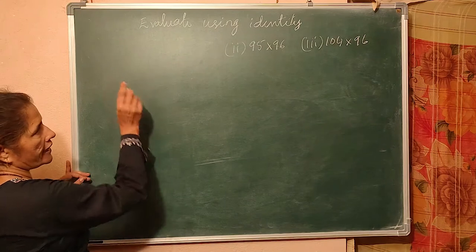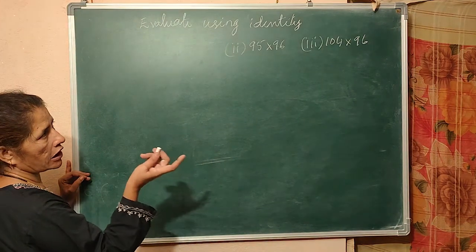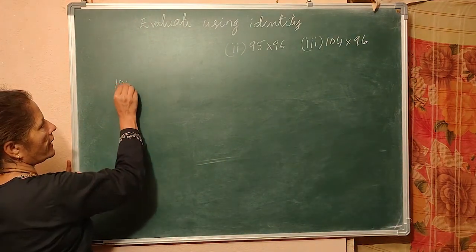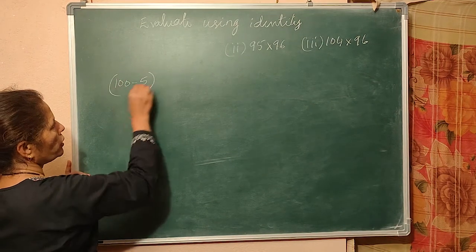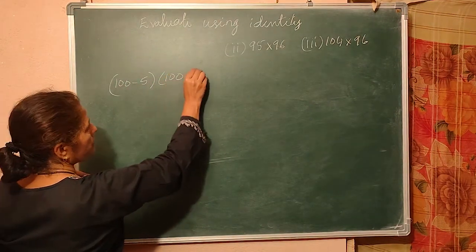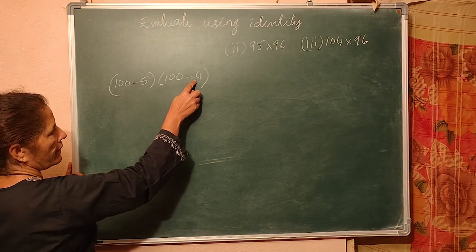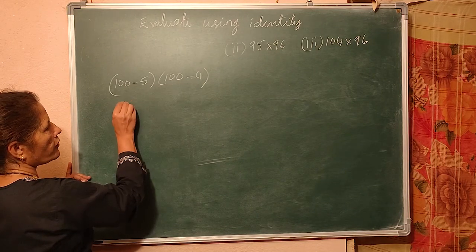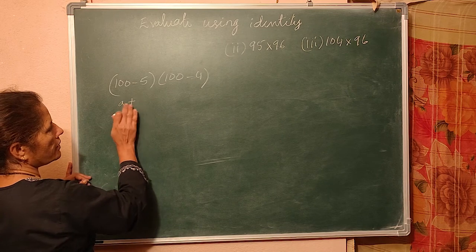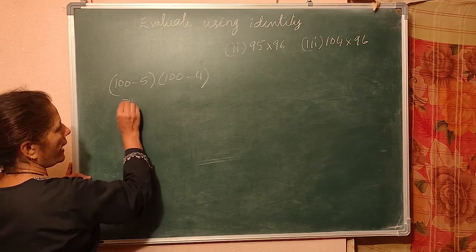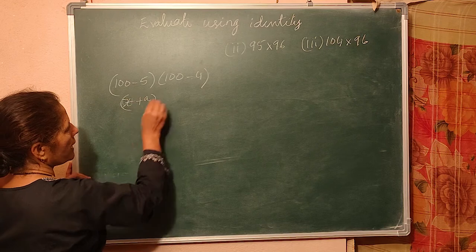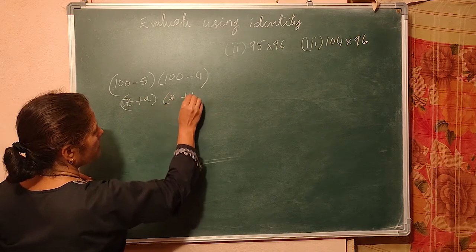The next question given is 95 into 96. So you can write down 90 plus 5 into 90 plus 6, or 100 minus 5 into 100 minus 4. Correct? What is 100 minus 5 into 100 minus 4? It is in the form of x plus a into x plus b.